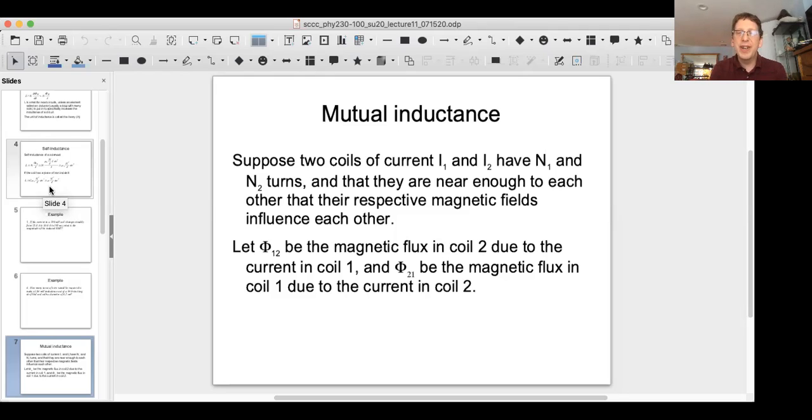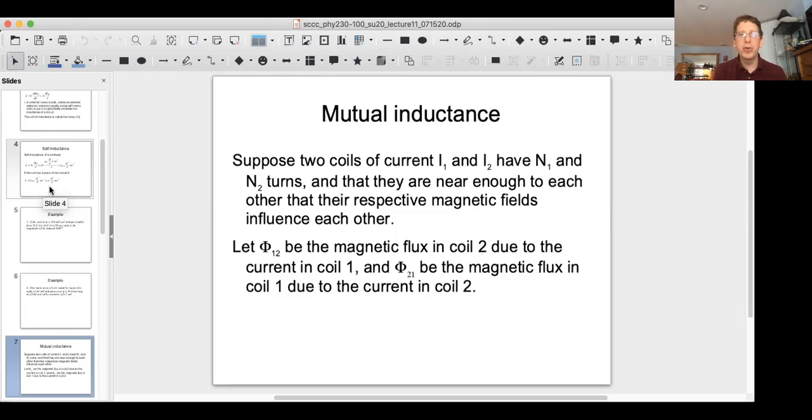So we're going to define Φ21 as the magnetic flux caused by current 1, or caused by coil 1, in coil 2. And Φ12 is the magnetic flux caused by coil 2 in coil 1.